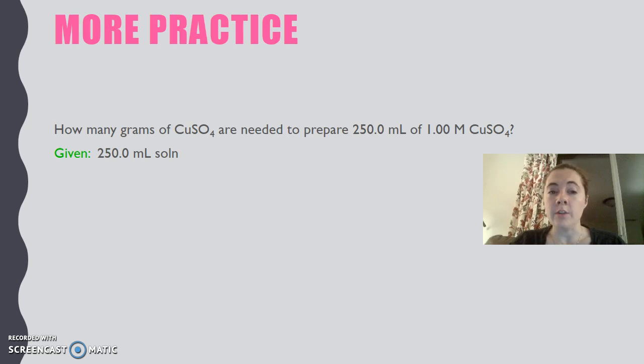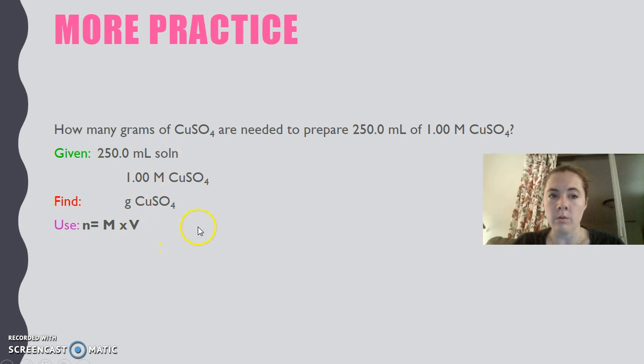Good, okay, so you're given 250 milliliters of solution, and you're given 1 molar copper sulfate as your solution. You're trying to find grams. So if I go to my equation, I have to cover up moles, because I have to get moles before I can get grams. I'm going to use moles equals molar times the volume.